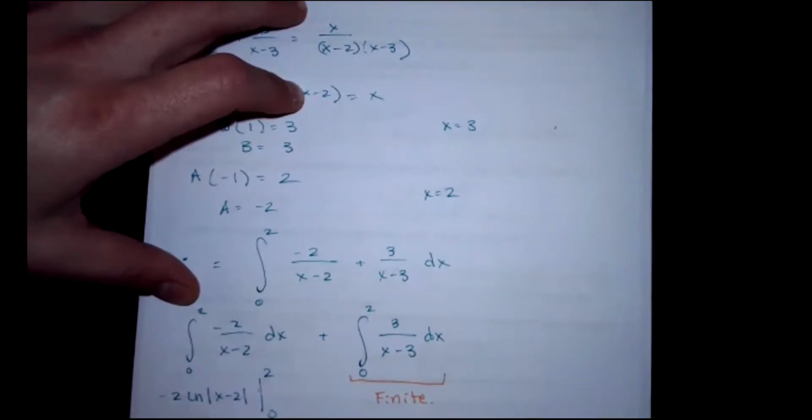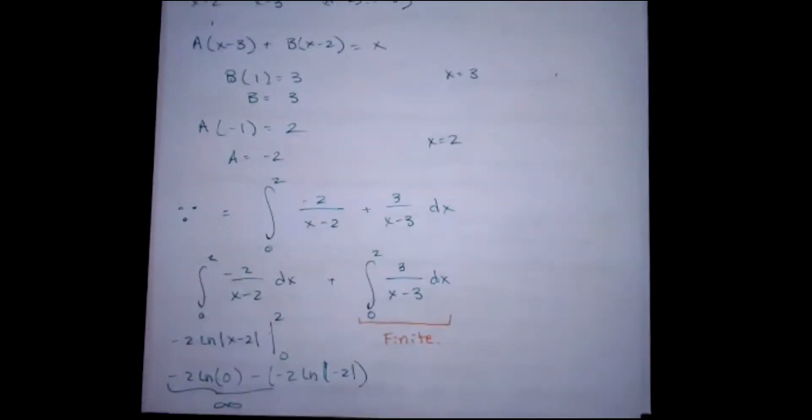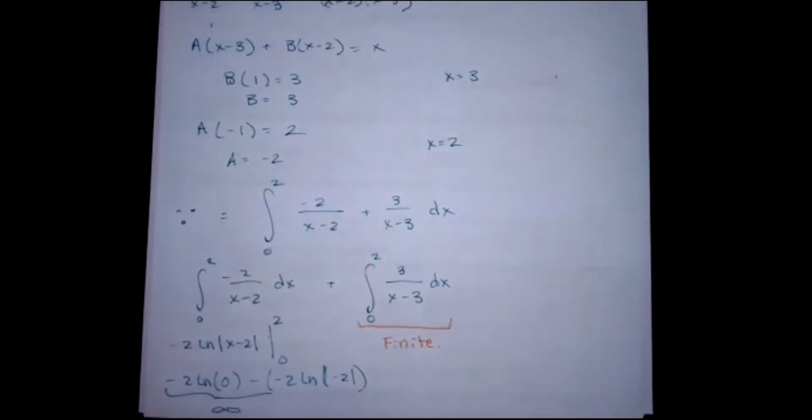And of course, this one is infinite. Can you guys see that? Am I still writing on the page? Yeah. And of course, we can't take the natural log of 0. It doesn't work.